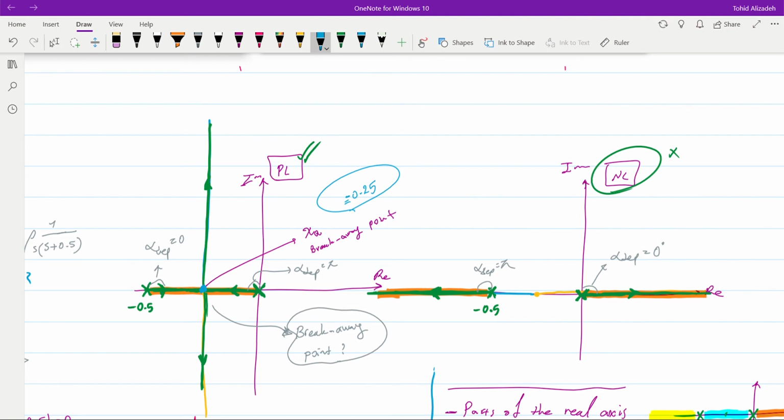Now the remaining part is to find out the value of the rho and consequently the value of Kp. You should know that we can do it by applying the amplitude condition. Amplitude of n over d will be equal to amplitude of minus 1 over rho. For n we have 1, so 1 over, for d we have, you can either plug the value of s into the expression for D. We know that D of S is equal to S times S plus 0.5.